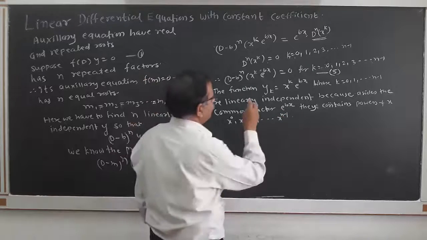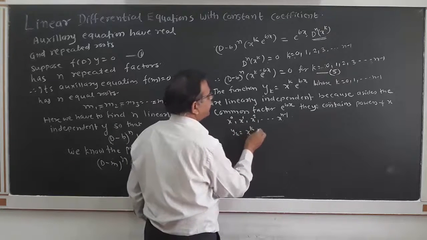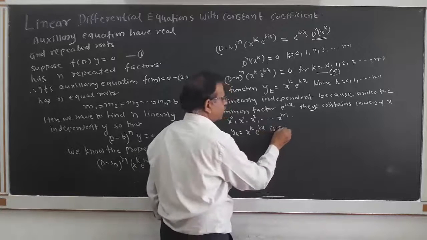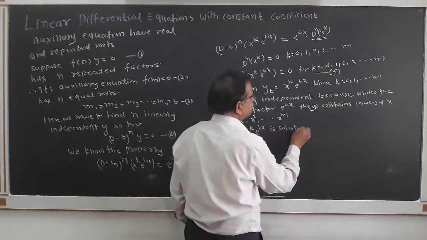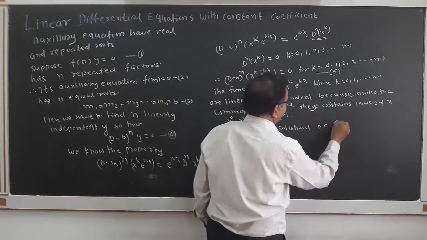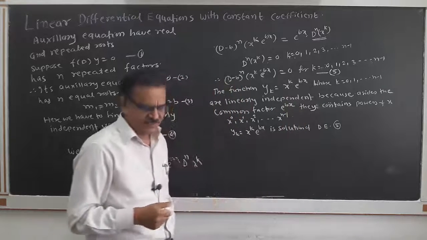Therefore, yk equal to x raised to k e raised to bx is a solution of differential equation 5 for k equal to 0, 1, 2, 3 up to n minus 1.